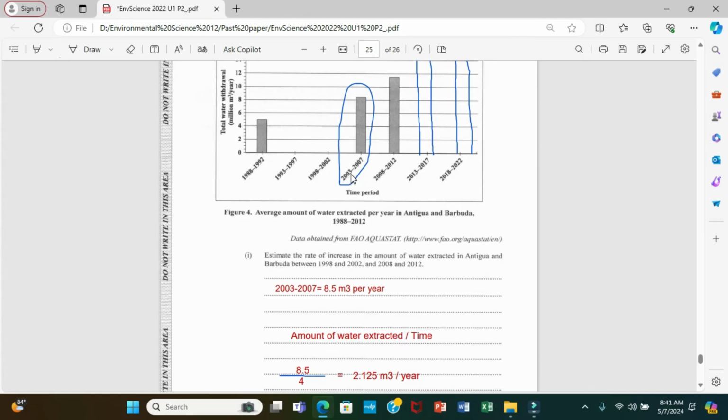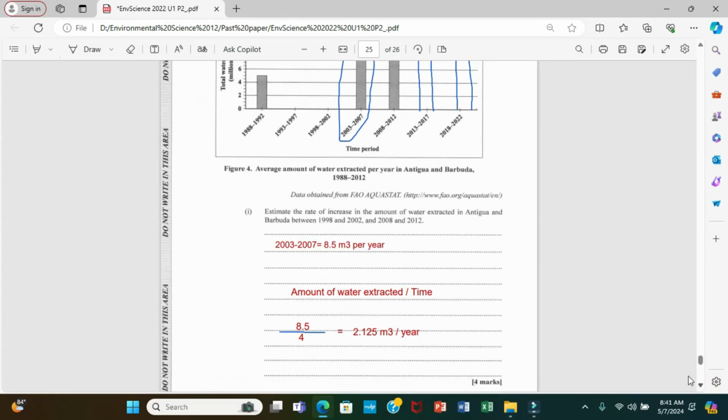Now, this is 2003 to 2007. This is a 4 year period. So it means over this 4 year period, how much water is extracted from these sources in each year. So of course, you must divide by time. So it is the amount of water extracted divided by time. So it's 8.5 divided by 4.